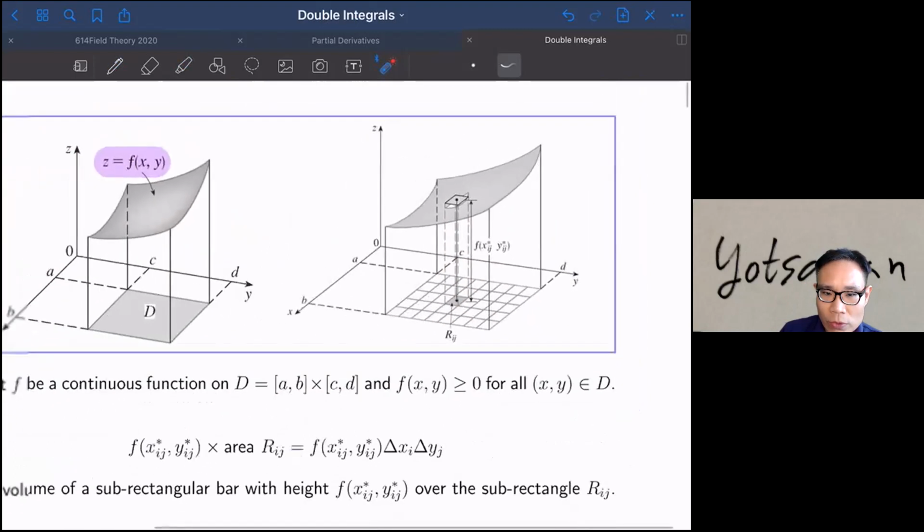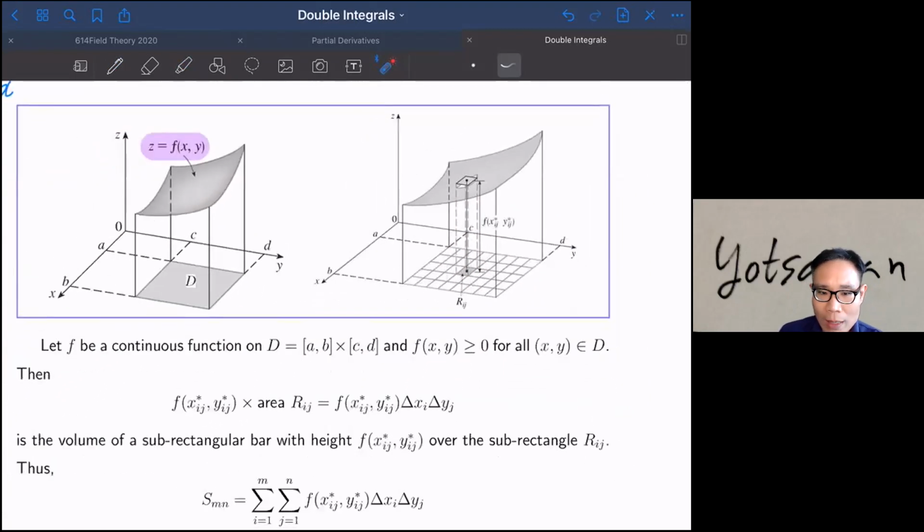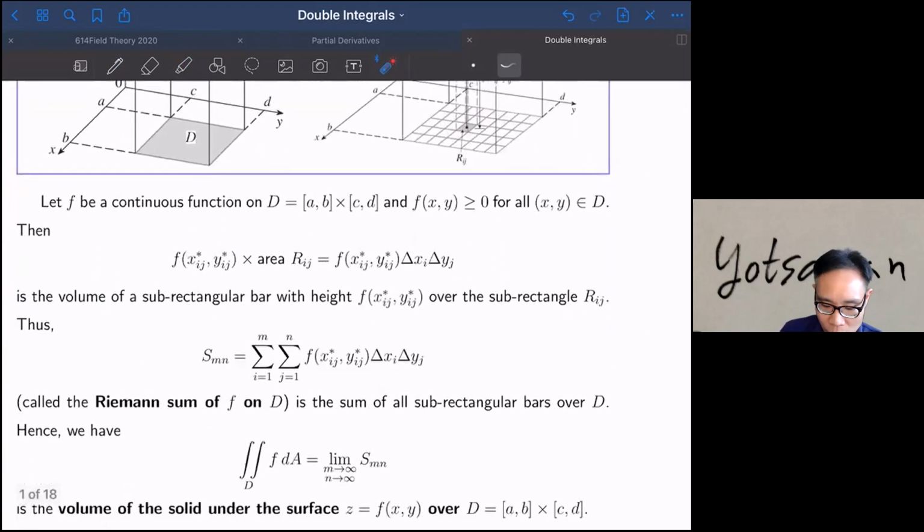And if you sum this volume up in two dimensions, you see that you have to sum with respect to x here, and you sum with respect to y here. So it's a sum that looks like the Riemann sum that we had last semester.